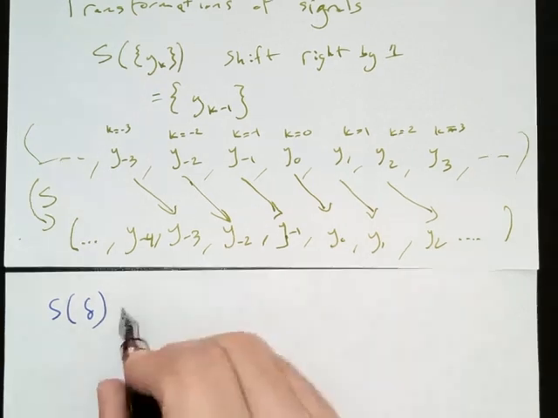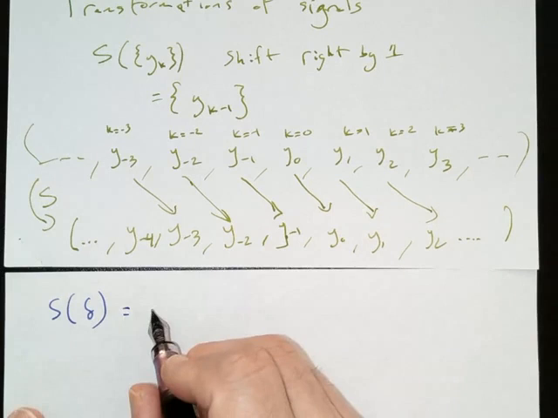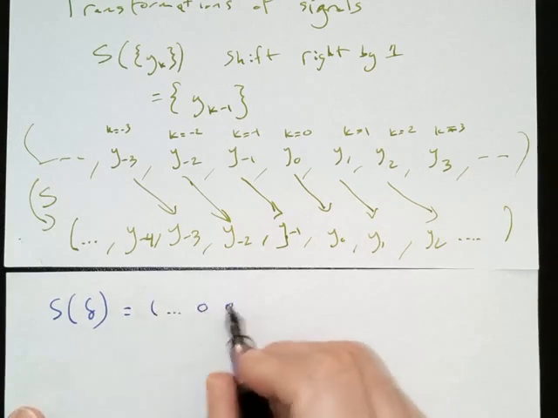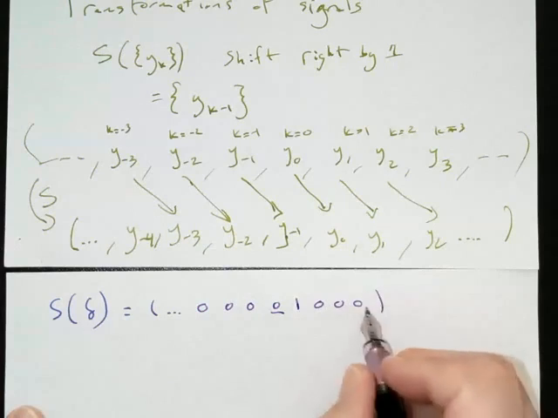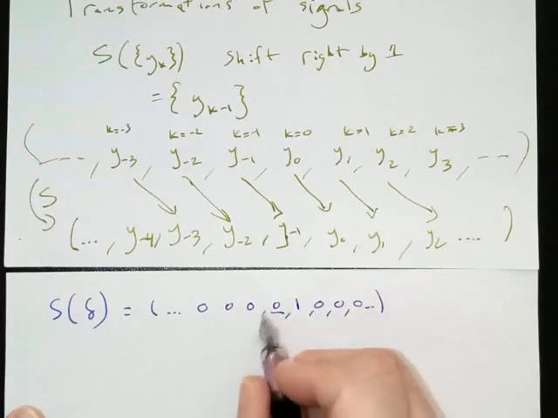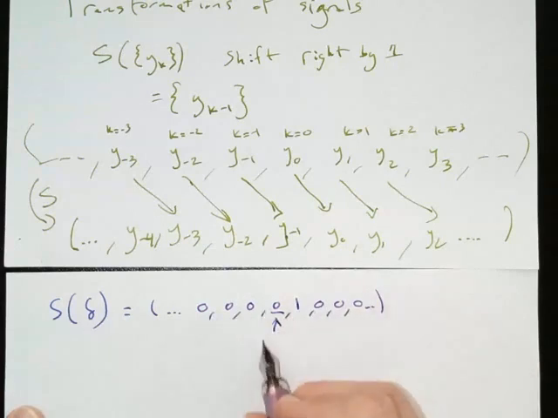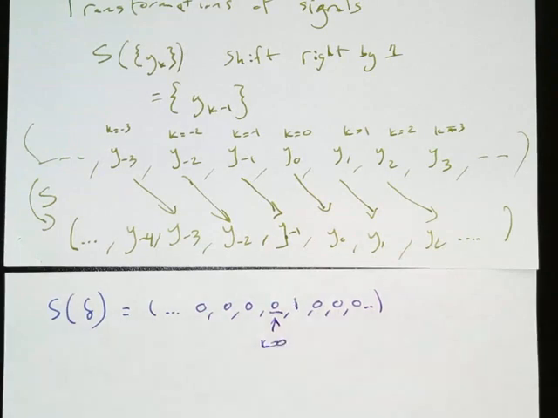Exactly. So I used a little underline to mark the 0 spot. If this is where k equals 0, then I shifted it one spot to the right.